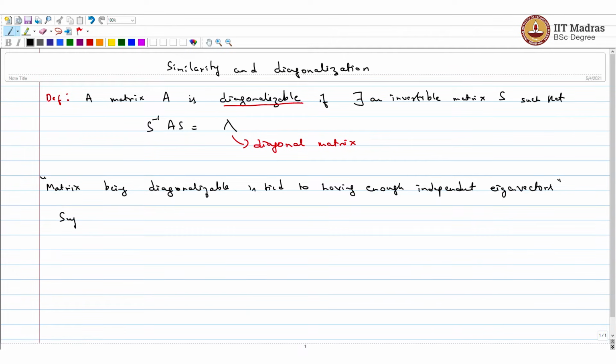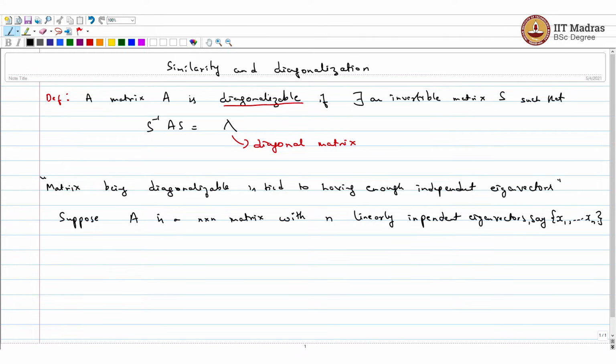So, suppose A is an n cross n matrix with n linearly independent eigenvectors, say x1 until xn.